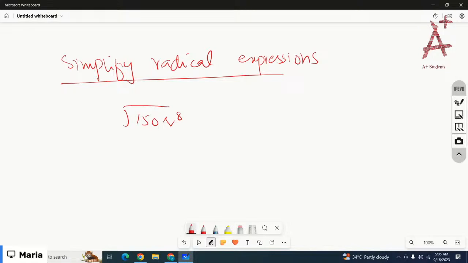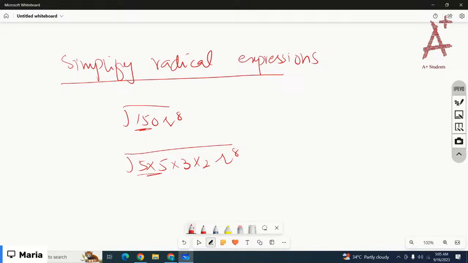Let's just make the factors of 150, right? It would be then 5 times 5 is 25. 25 times 3 is 75 and 75 times 2 is 150 and you have r8, right?